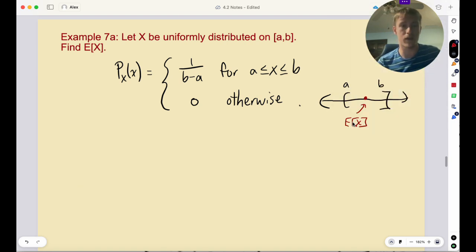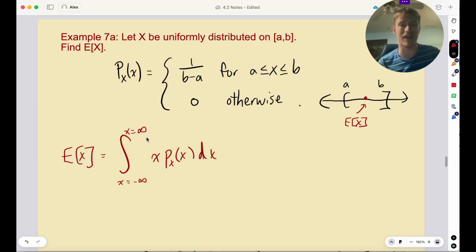So remember that the expected value is the integral over all x, and in this case x goes from minus infinity to positive infinity of x times the probability density function of x with respect to x. But the probability density function is 0 everywhere except the interval from a to b. So that makes this really easy.